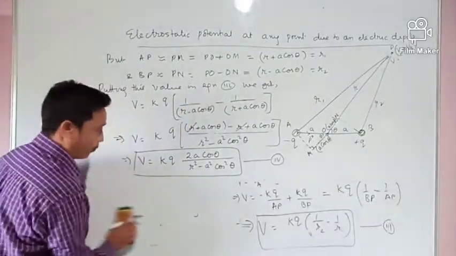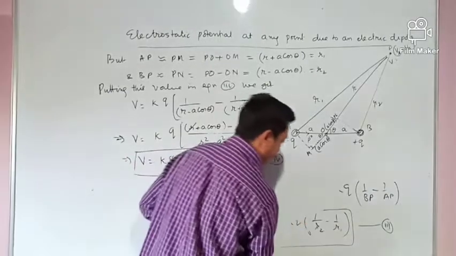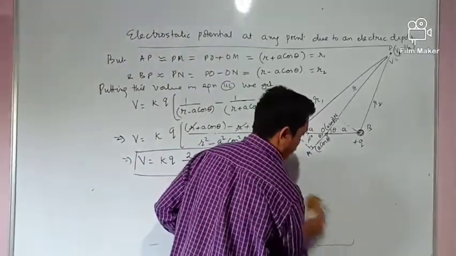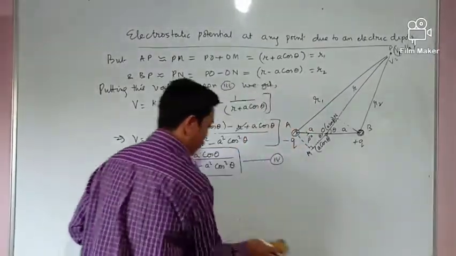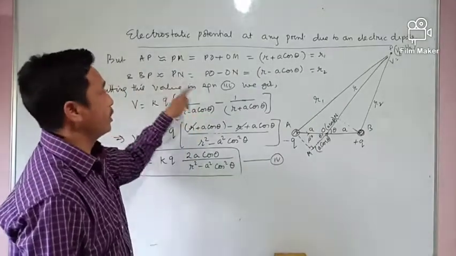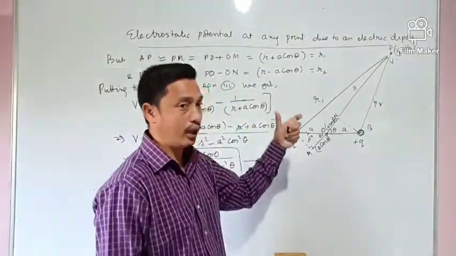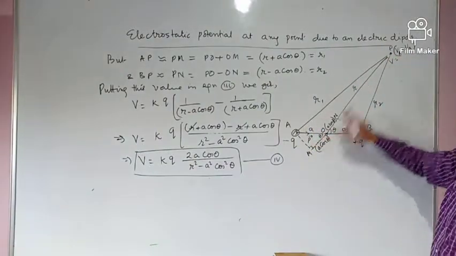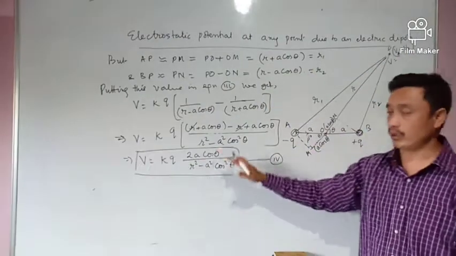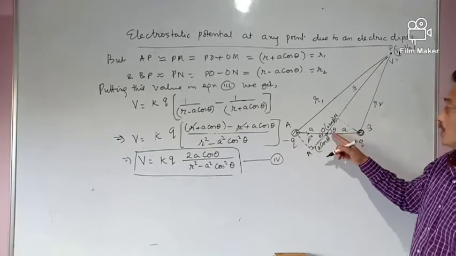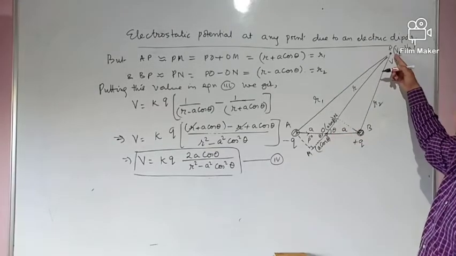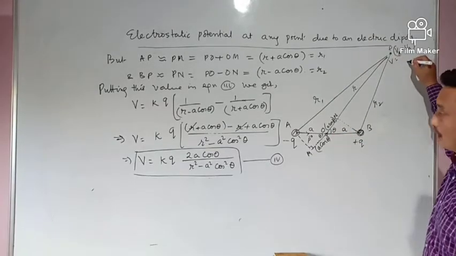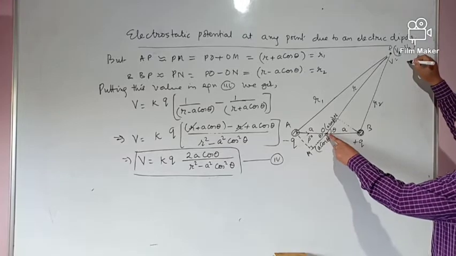Okay, now this is an assumption, made under the certain condition that AP is approximately equal to PM, and then we can write it in terms of theta. Why? Because this point is going to change. If I place the point here, then the value of theta is going to change.